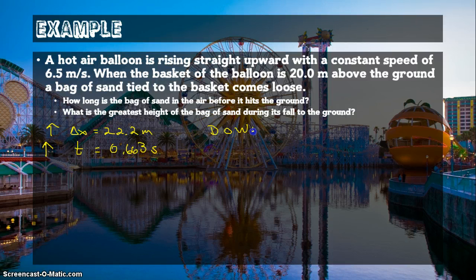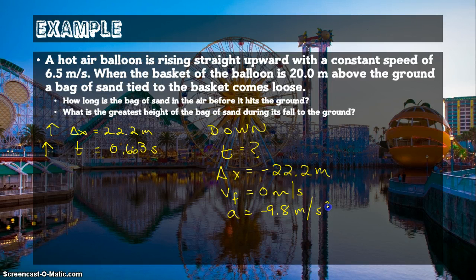Now working with down, to find the time, we also know that it's going to go down a negative. The displacement in a negative direction would be 22.2 meters going down. We know the acceleration stays constant at negative 9.8 meters per second squared. We also know my initial velocity at the top of its path. It started moving down at 0 meters per second.